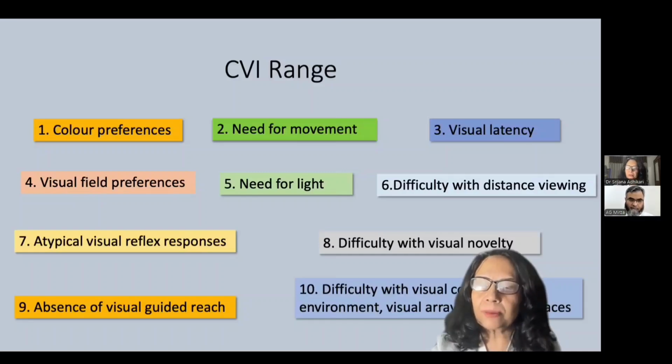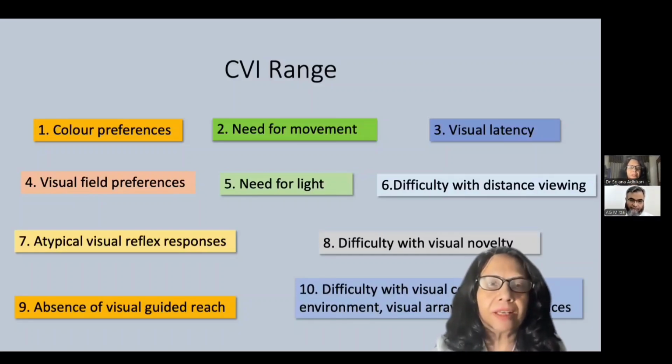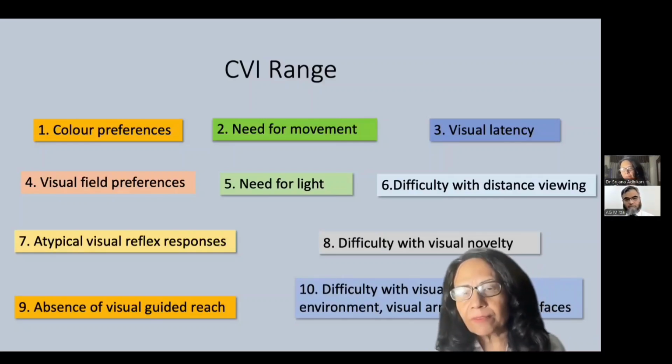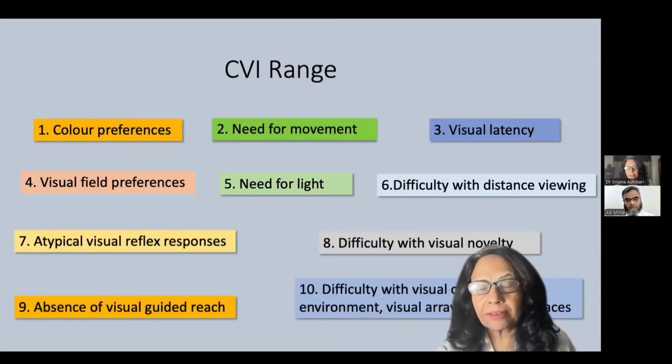There are certain 10 points of CVI, which is called the CVI Range: color preferences, need for movement, visual latency, visual field preferences, need for light, difficulty with distance viewing, atypical visual reflex responses, difficulty with visual novelty, absence of visually guided reach, and difficulty with the visual environment, visual arrays, and recognition of faces.